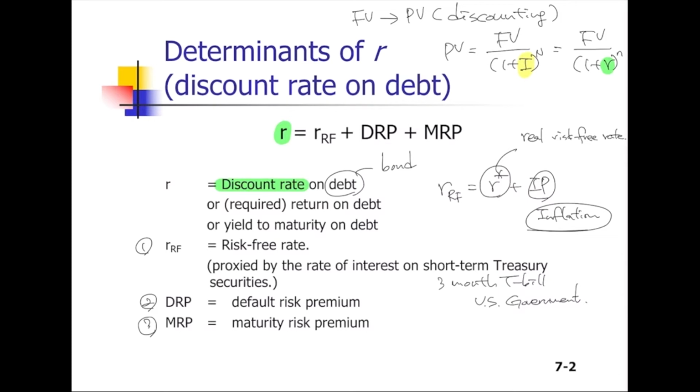So what is more risky between short-term debt and long-term debt? Long-term debt is more risky than short-term debt. So if the firm issues more long-term bonds, the firm gives more maturity risk premium, so the R goes up. We will learn this in more detail in the bond valuation part.